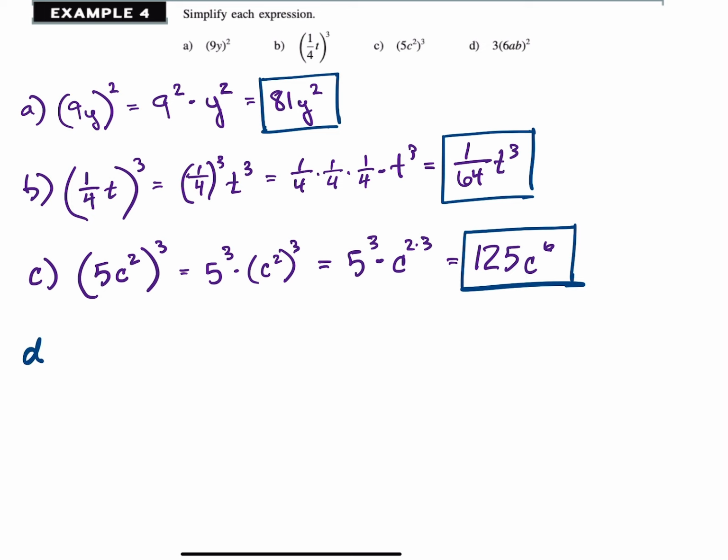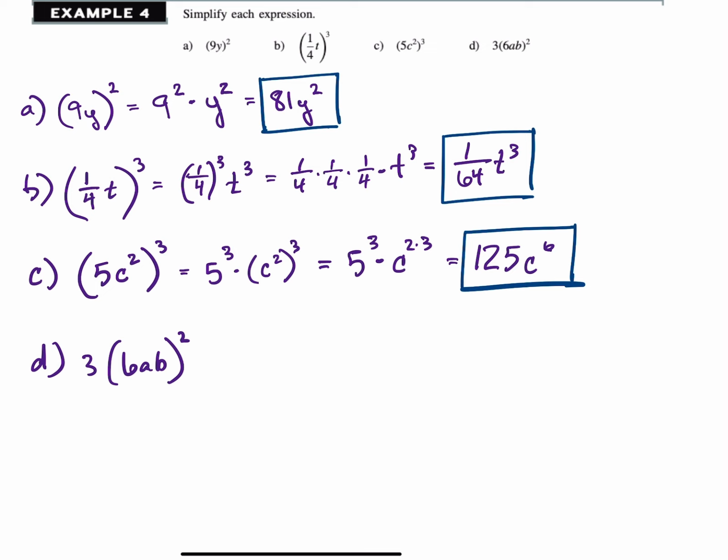And then part D, we have 3 times 6 times a times b squared. So the square, the second power, is only applying to what's inside the parentheses. This 3 is just kind of coming along for the ride. It'll be multiplied on the outside.